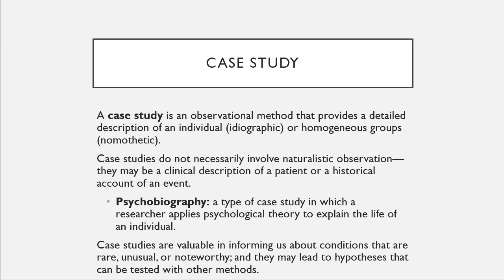When we look at a particular case study and we want to apply a psychological theory to it, we can call it a psychobiography. So if we want to look at somebody who has had issues rebounding from something traumatic in their life, we could find somebody who has post-traumatic stress disorder, and we could apply some kind of theory of trauma to them to describe why they're having a hard time rebounding from a situation that happened to them that was traumatic.